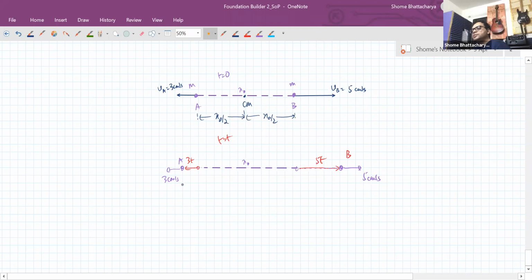Now in this new diagram, what has happened? The distance between A and B has increased to how much? That has increased to x0 plus 8t, isn't it?